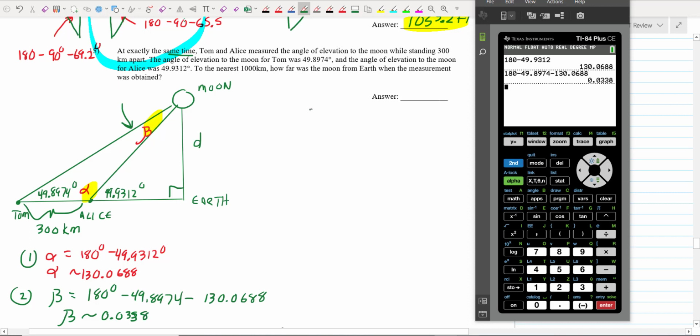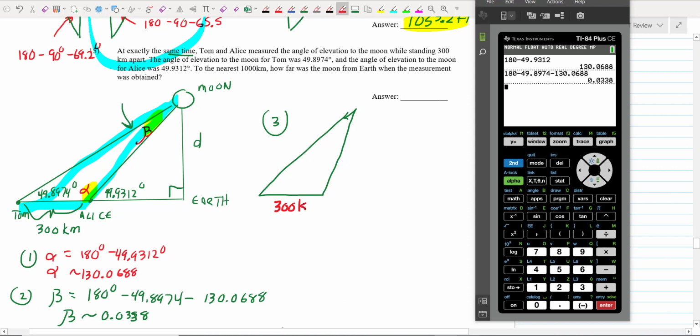So in my step 3, I'm going to look at this oblique triangle, which I'm highlighting in blue, and sketch it out. It's not going to be perfect, but here's what I know. This is 300 kilometers. This angle is 49.8974. I also know this angle we just calculated as 0.0338.